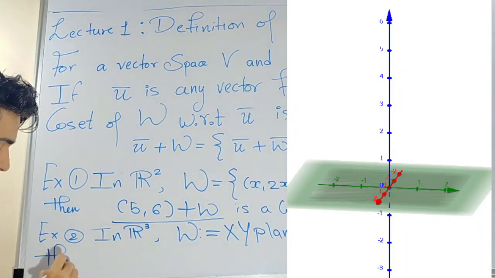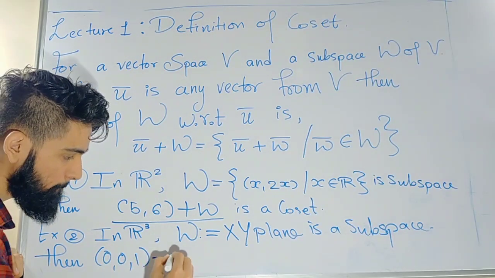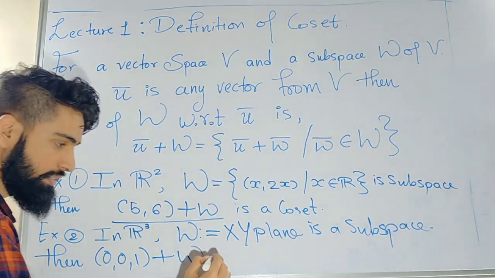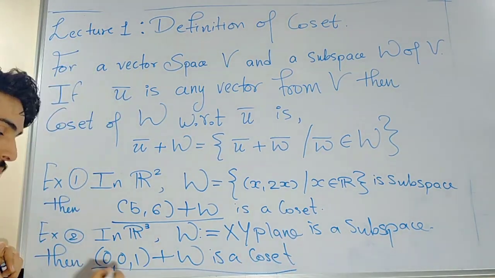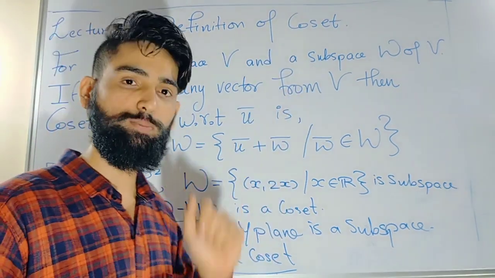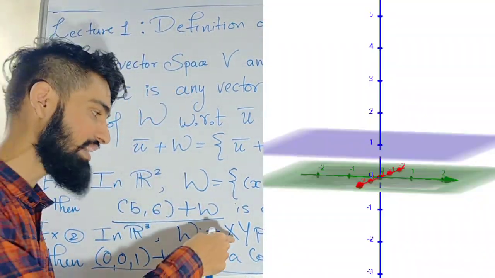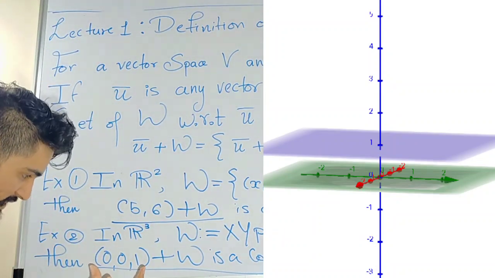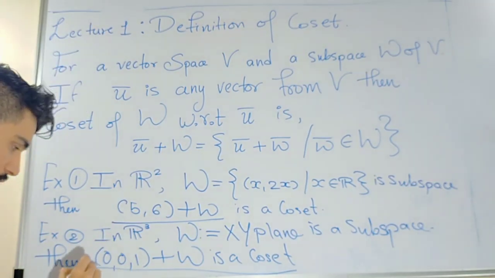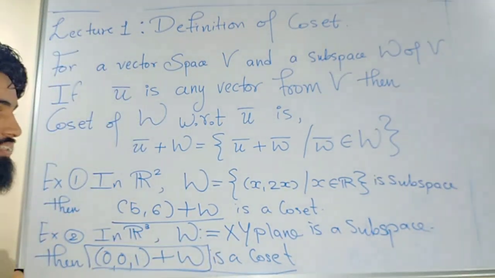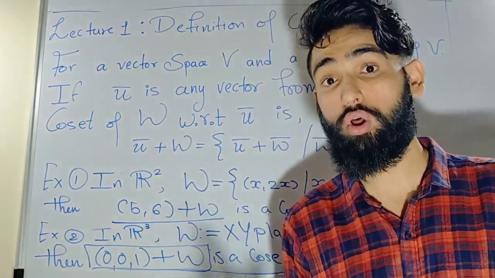Then I consider (0, 0, 1) plus W, which is a coset. What does this represent geometrically? It represents this plane, the plane parallel to the xy plane passing through (0, 0, 1). You will observe this new plane is not a subspace, so cosets are not always subspaces.